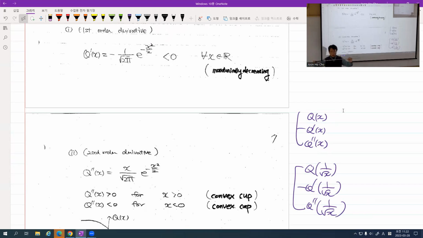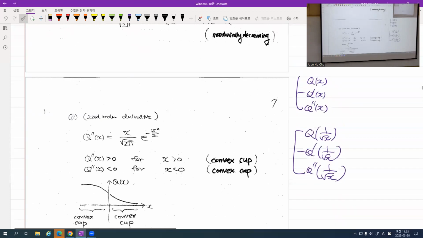So we know the Q function has this shape, right? It has point symmetry with respect to the point 0, 1/2. And it seems that in linear scale, it's concave and convex. And as you guess, Q double prime of x evaluated at positive x is positive. So it's convex. And here is concave. So you have this property.